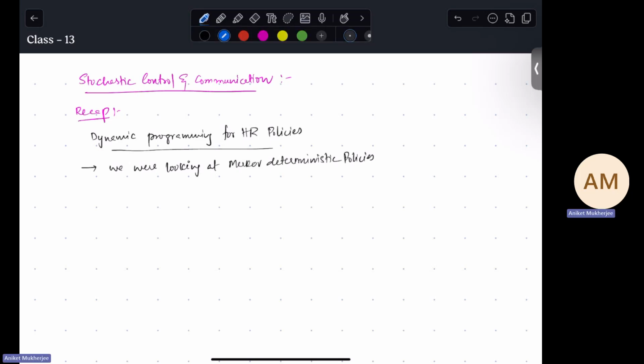So we saw some examples of these. We saw inventory control. We saw the secretary problem. We saw a linear quadratic regulator.